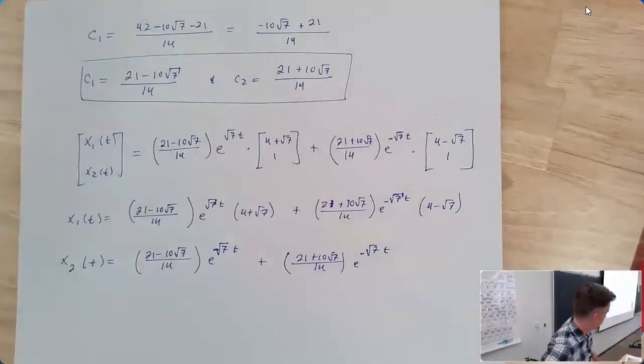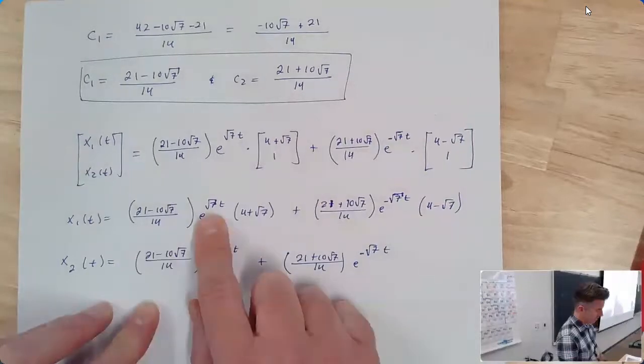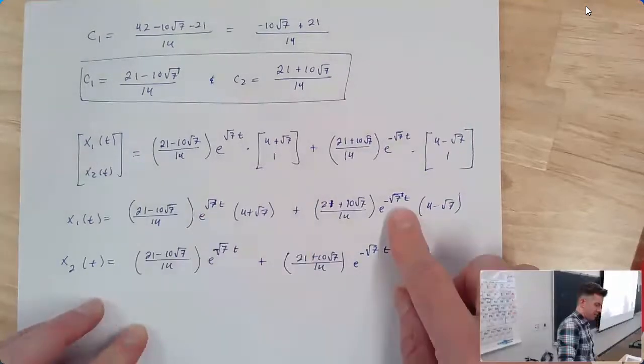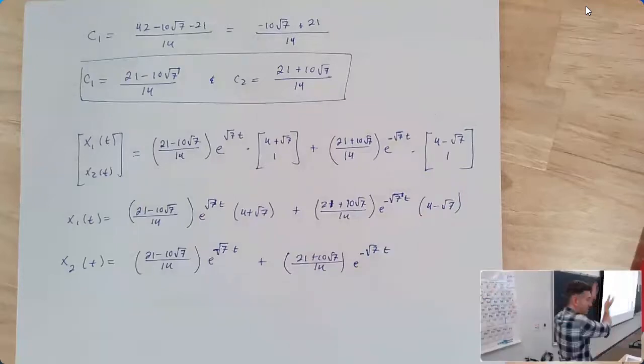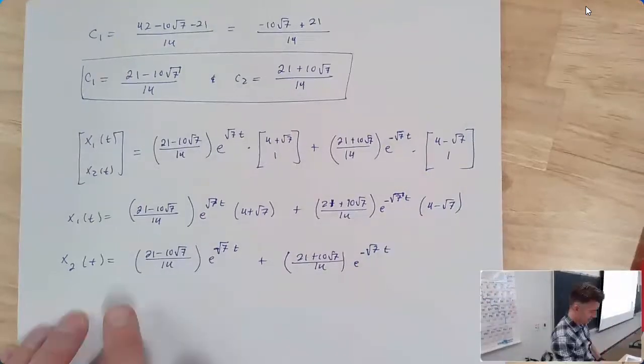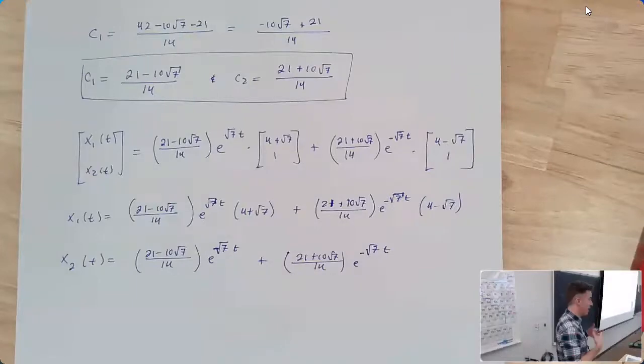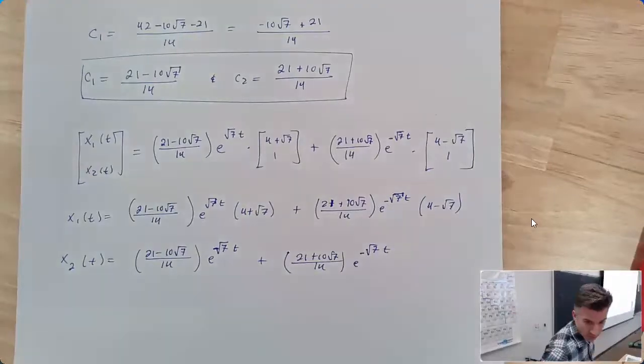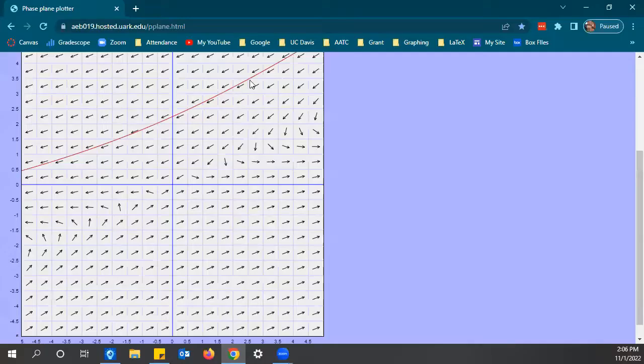You'd get something like this times e to the (4 plus root 7) t, plus this times e to the (4 minus root 7) t, and you would get some x coordinate, and similarly some y coordinate. That xy coordinate would be wherever you were along the path in the direction the arrows are moving. So you start here at t equals 0, and then you move along in this direction.